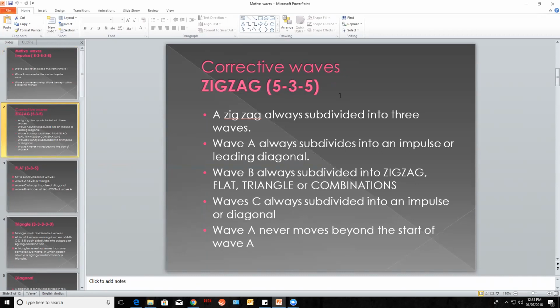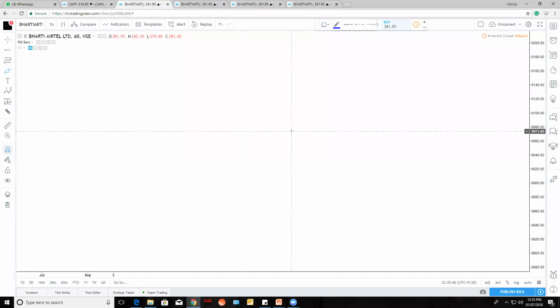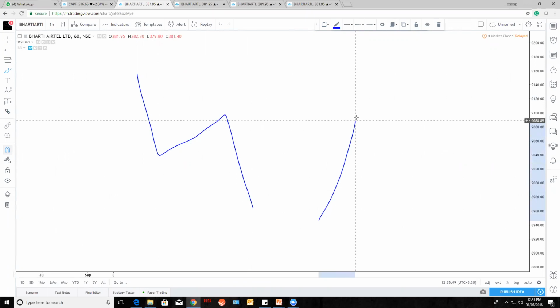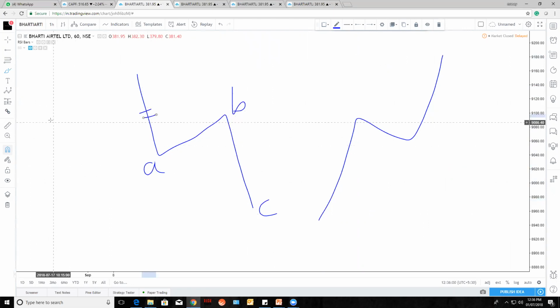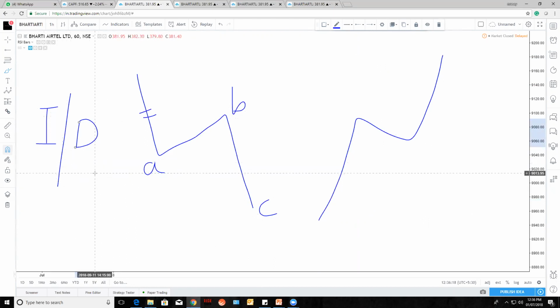So we will see what the rules are. Let's say the zigzag correction is a three-wave structure, that is wave one, wave two, and wave three. Let's say this is for the upside. It's A, it's B, it's C. They are telling that wave A may be an impulse or else a diagonal. As we see in the five-wave structure, wave 1 can be either an impulse or a diagonal.